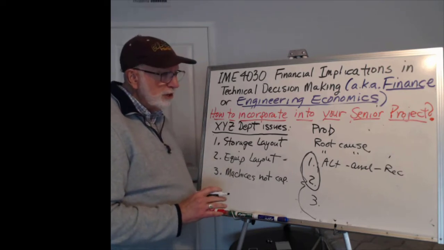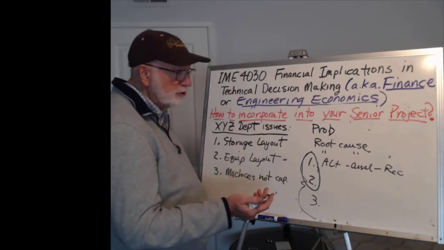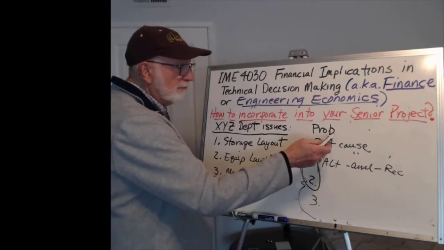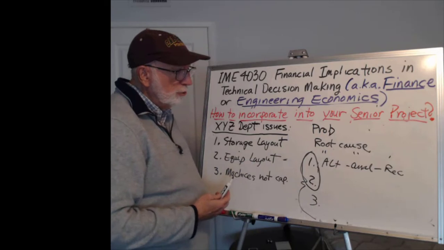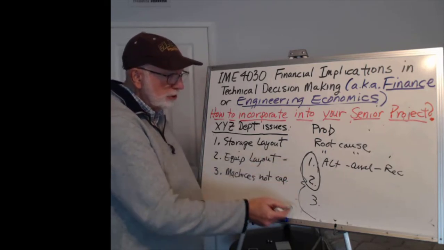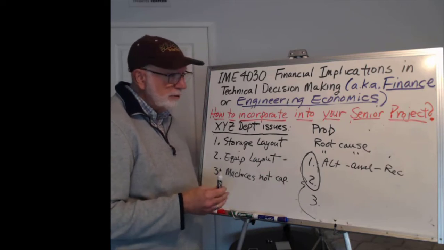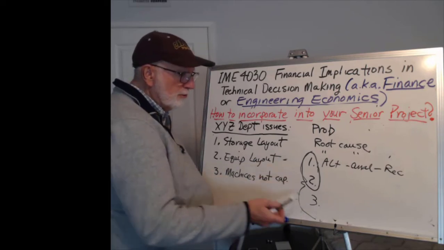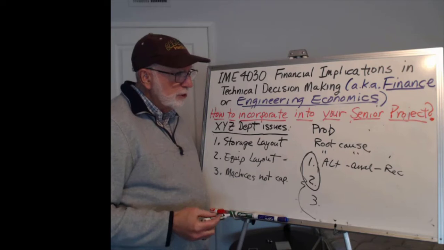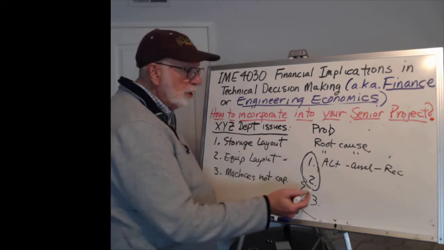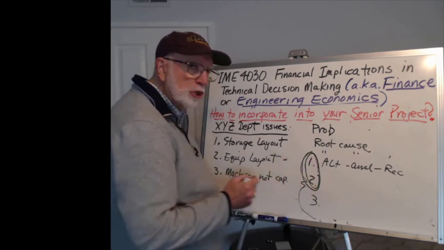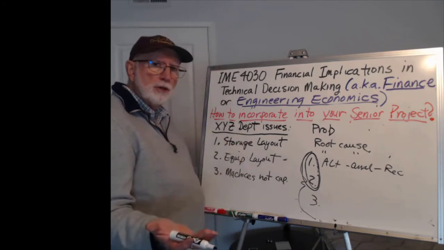And what you can very easily do at the beginning is say, after you explain what the process you went through was, you could list all of the root cause problems and then say, all of these are covered in the written report. However, for this presentation, we are going to cover these 2. Nothing wrong with that.